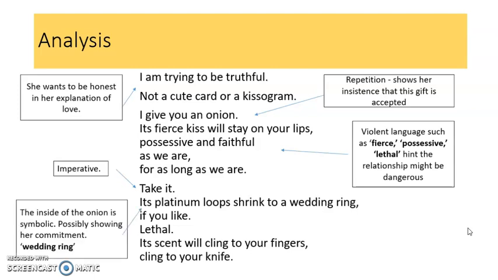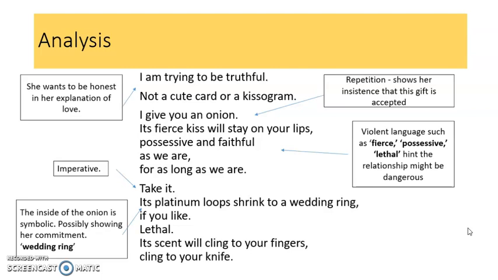So picture this now. It's this image as you cut inside an onion, if you've ever done that, you will know that an onion has lots of layers, but those layers, as you look at them inside, shrink down in circles. She's comparing those smaller ones in the center to possibly a wedding ring.